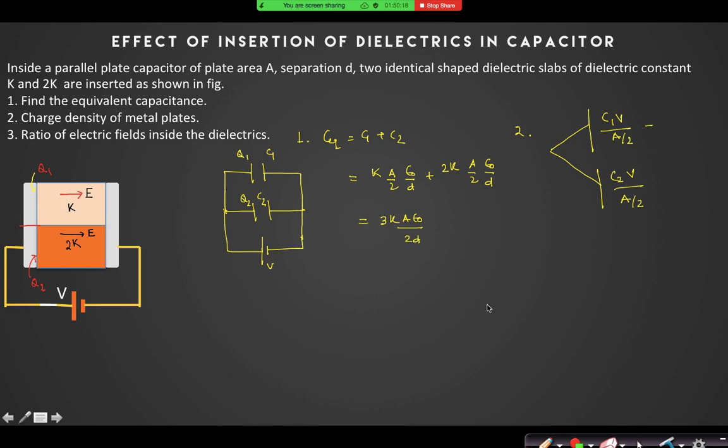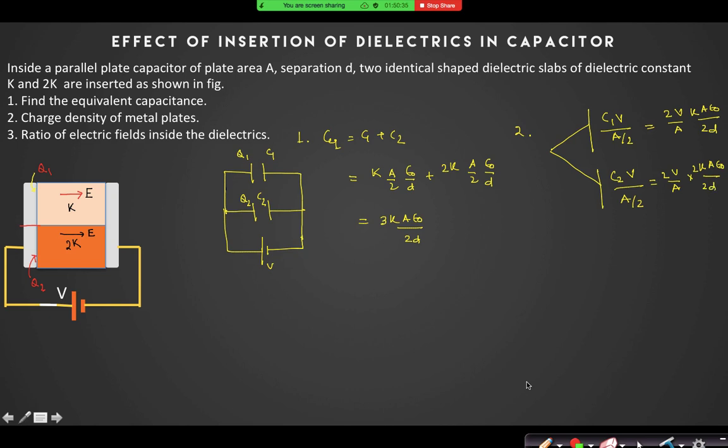So it is 2 into V by A into C1, which is K into A epsilon by 2D, and 2 into V by A into C2, which is 2K into A epsilon by 2D.